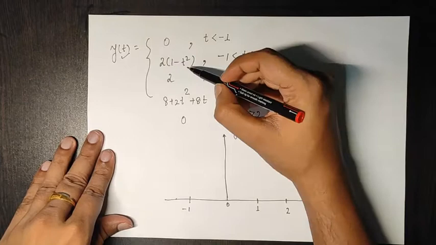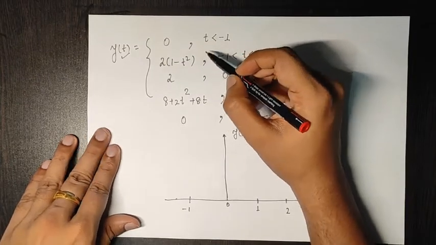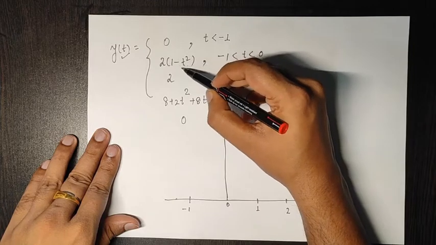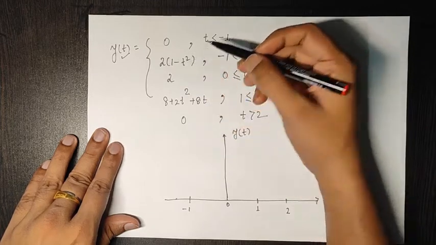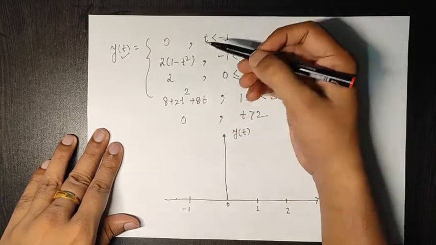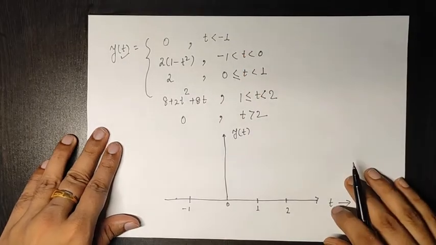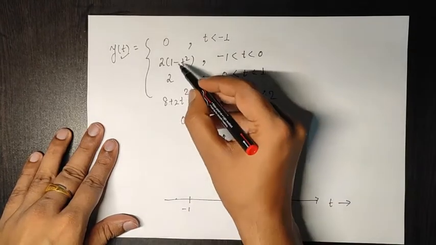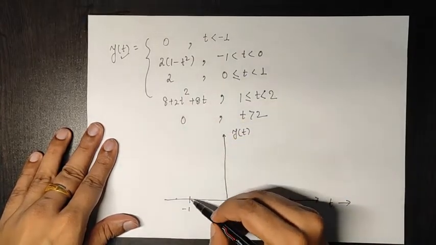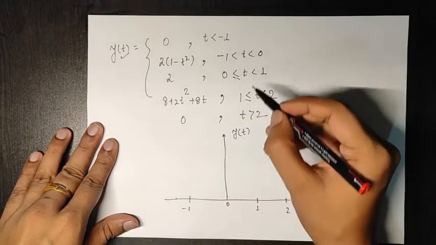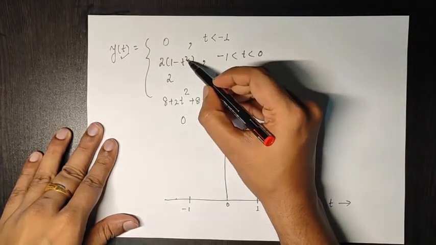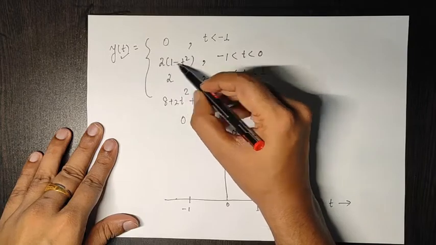Now as you can see, this is a quadratic equation, and according to the concept of quadratic equations, the coefficient of the square term t squared is negative. That's why the concavity will be downward. And for t equal to minus 1, its value will be 0.